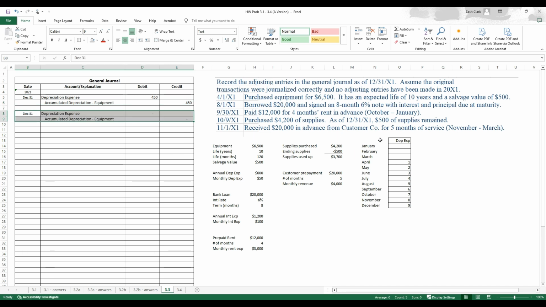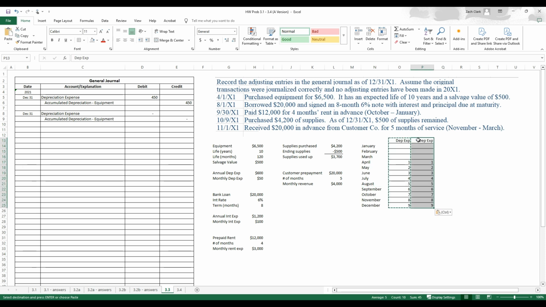Okay, so then we borrowed the $20,000 on 8/1. So 8/1 is August 1st. For this one, let's call this interest expense. I'm just going to delete these out and start with August. So we have August, September, and you can drag this down. It fills in the formula.